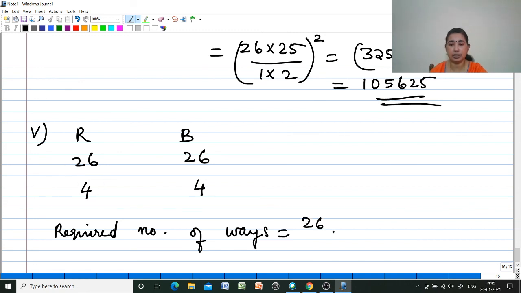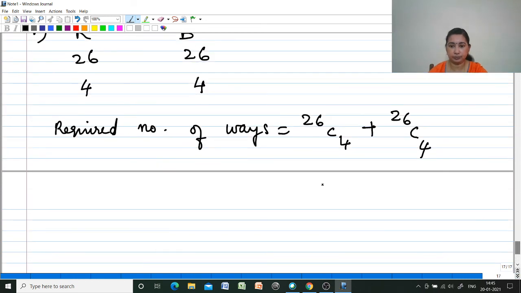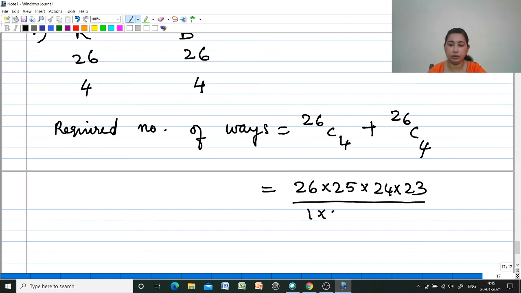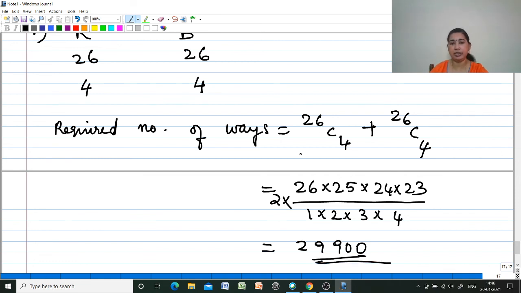That is 26C4, or from black, that is 26C4, and that is equal to 26 into 25 into 24 into 23 divided by 1 into 2 into 3 into 4, and that is 2 times, because 26C4 twice, so 2 into, and simplifying this, 29,900 different ways. So in the next video we will discuss exercise 7.4.